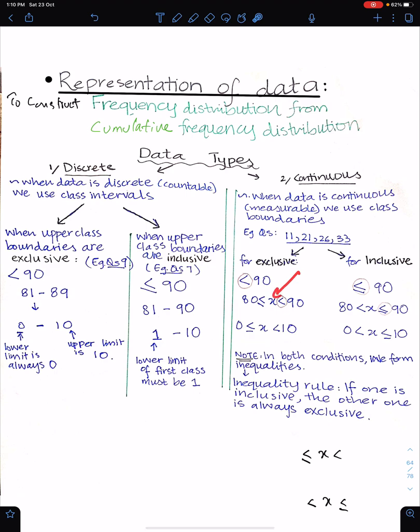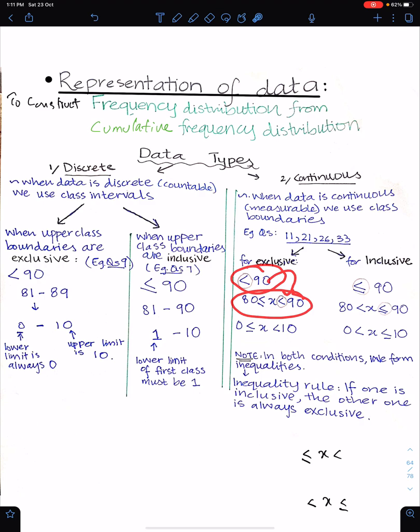Whenever you go for class boundaries, whether this is inclusive or exclusive, the lower class boundary of the first class must be 0. But when this is exclusive, then make class boundaries in this way.